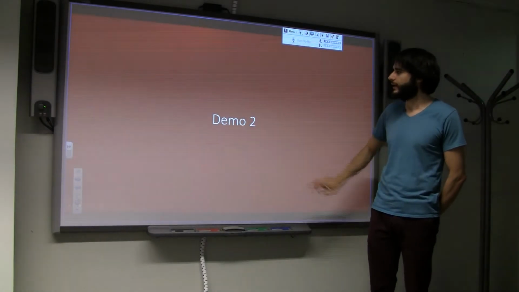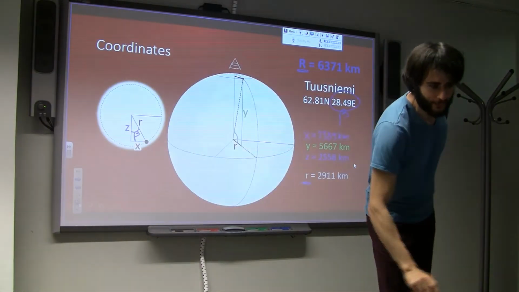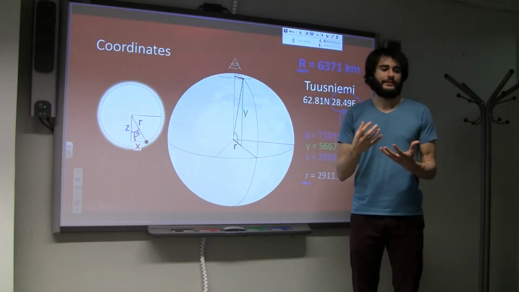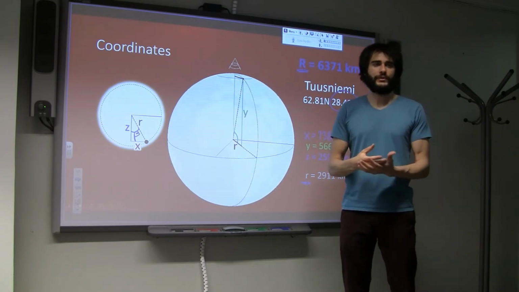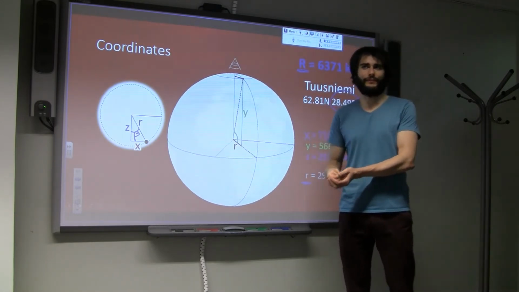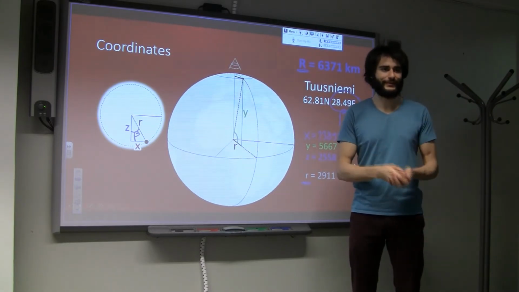So you can see that these are quite simple things, but put together we can actually find the location of Tuusniemi in a more familiar way, if you consider what you learn in geometry during high school.